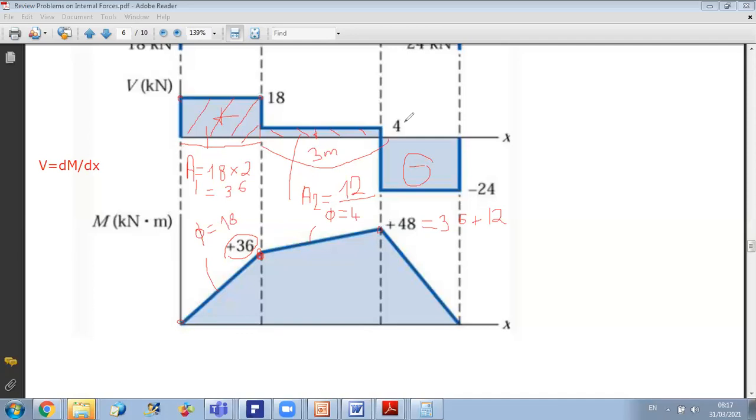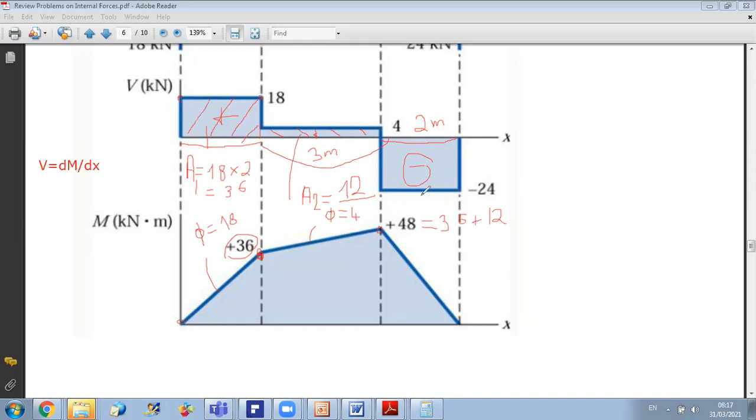Now, finally, after 5 meters, I have the distance from here. So first here you have 2 meters, and the value of shear here is minus 24.